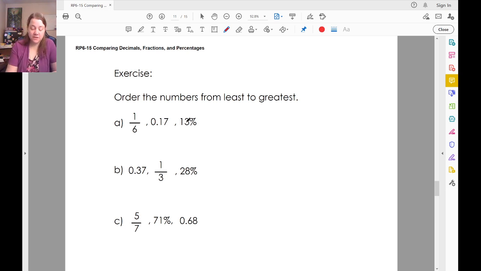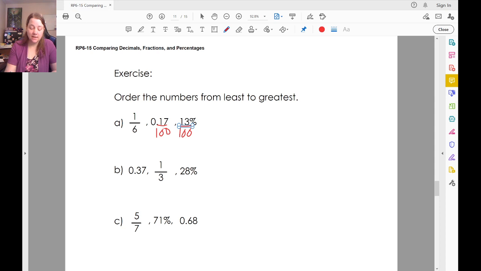I'm going to first compare 17 hundredths and 13%, because 13% is 13 over 100. 17 hundredths is 17 over 100. So I know that my first number, the smallest number I see so far, is going to be that 13%.